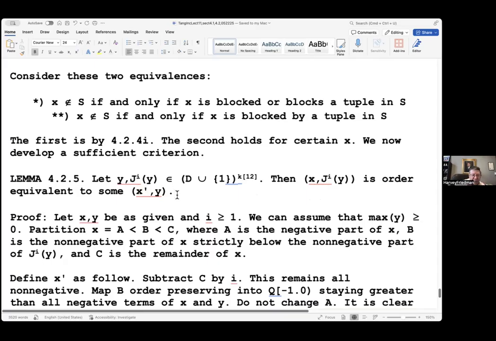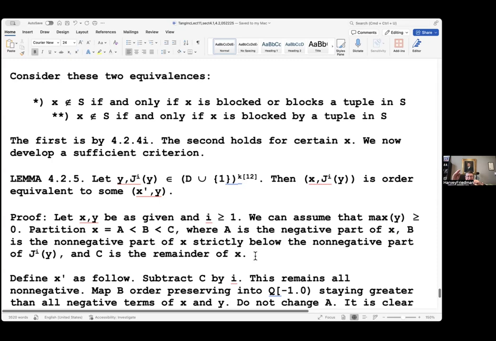And this is proved by partitioning X into A less than B less than C, where A is the negative part of X, B is the non-negative part of X strictly below the non-negative part of J^i(Y), and C is the remainder of X. So we've got A, B, and C. And I can define X prime as follows.